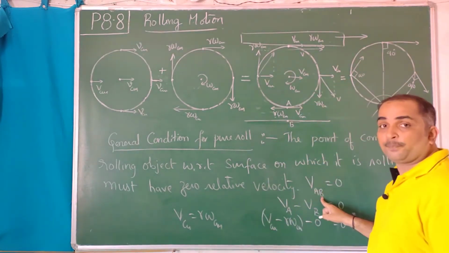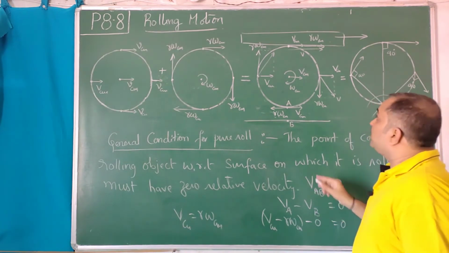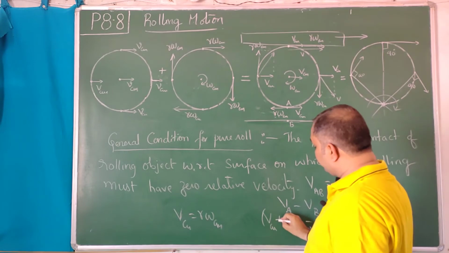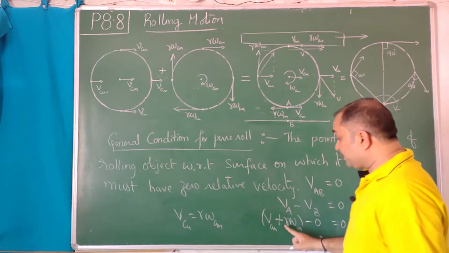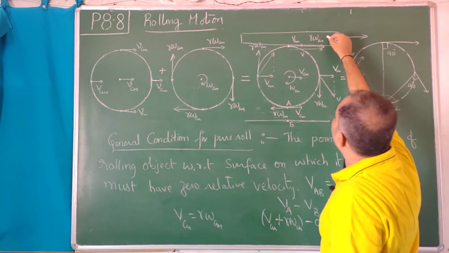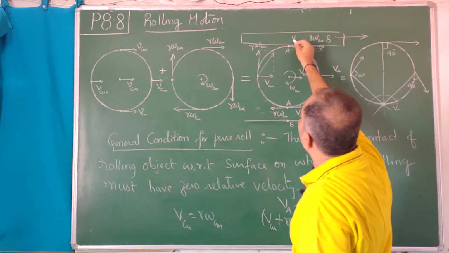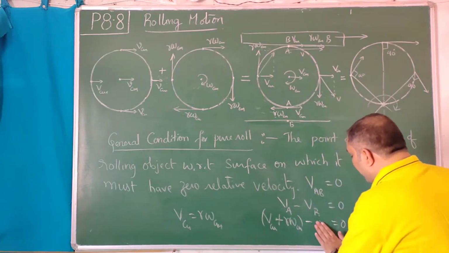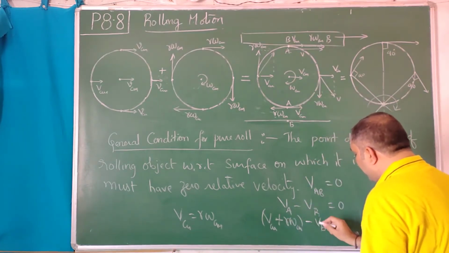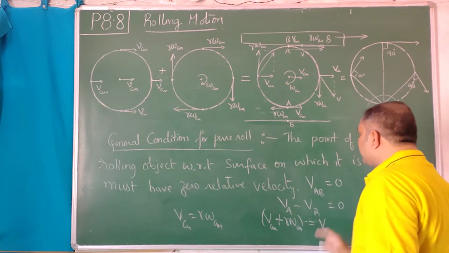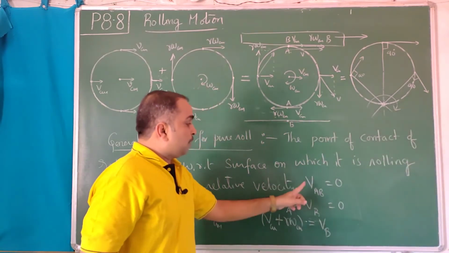VAB should be 0. This point has velocity VCM plus R omega CM, minus the second body, the upper body, say B. This is A, the uppermost point of this body is A and this body is B. So that VB should be so much. So that should be VB, and bring this VB this side. So it will be equal to VB. This is the condition for pure rolling.